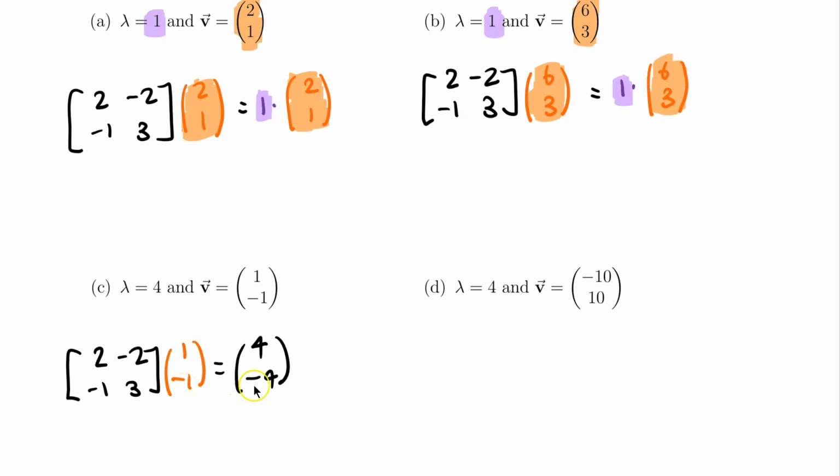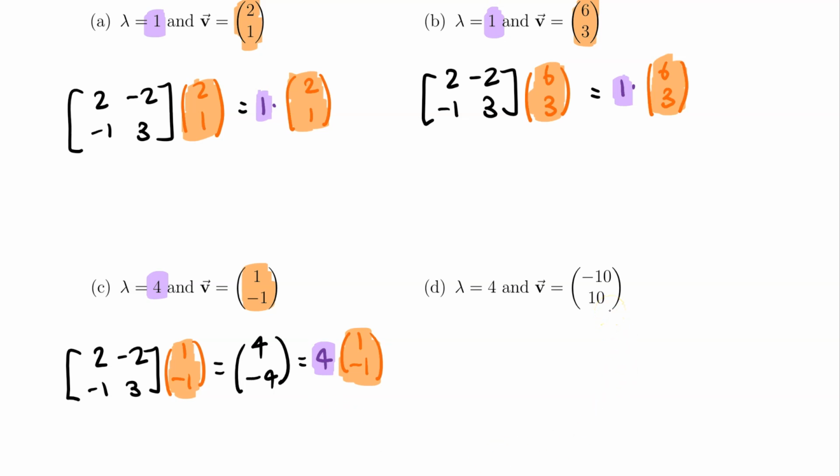Notice that although I don't get the same vector back, I can simply write this vector 4, -4 as 4 times 1, -1. So indeed, this vector 1, -1 is an eigenvector for my matrix, and this number 4 is my eigenvalue.